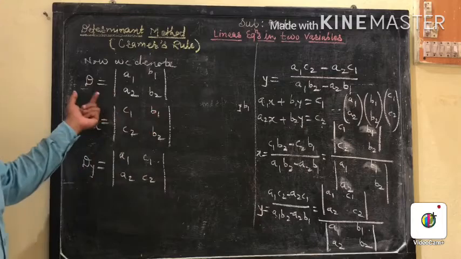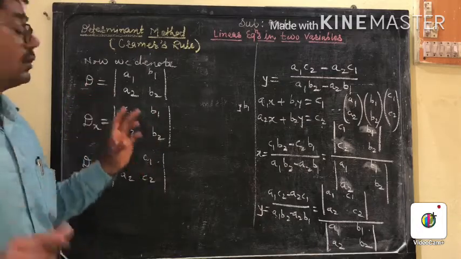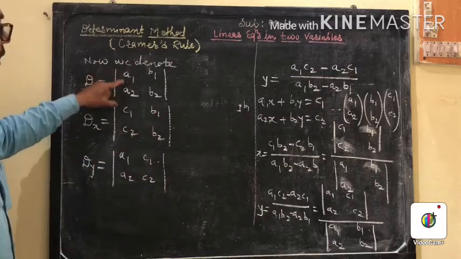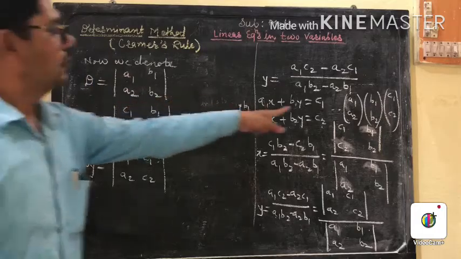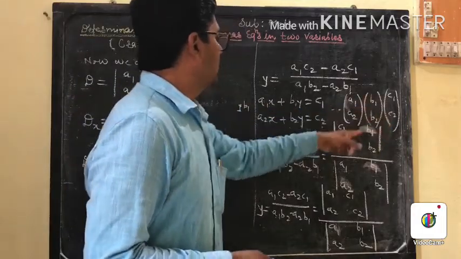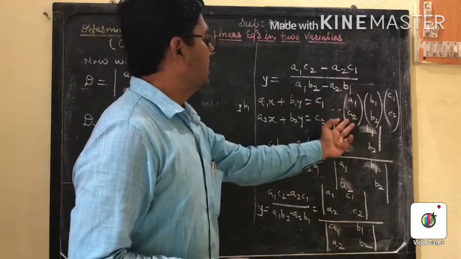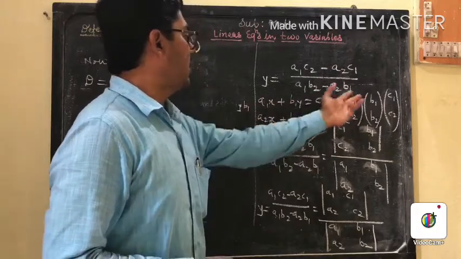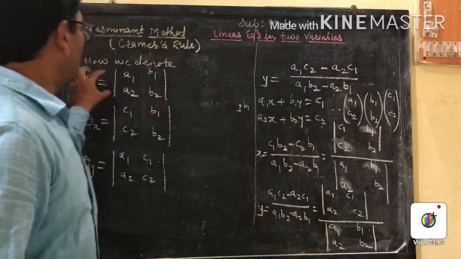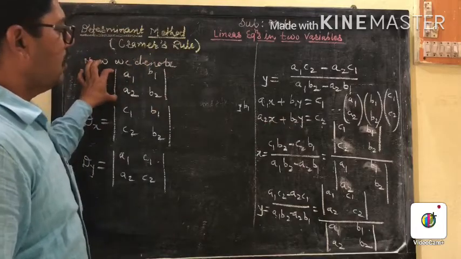Now first, how to remember the determinant D: a1 a2, b1 b2. Here I have written column wise the coefficients of x and y and the constant terms.